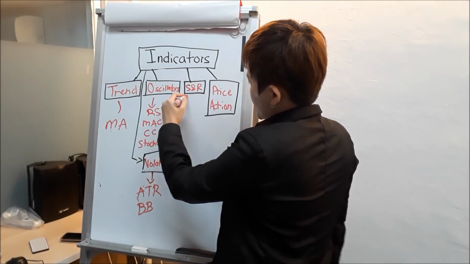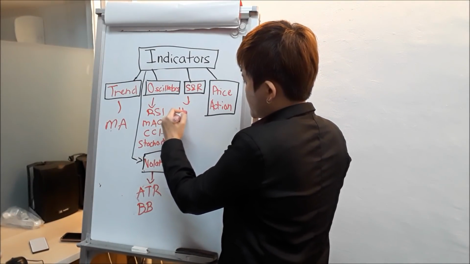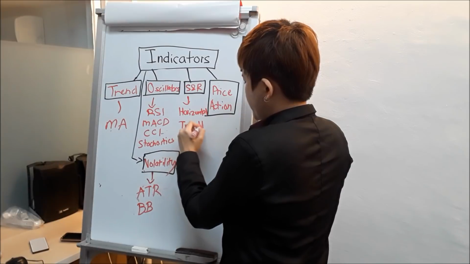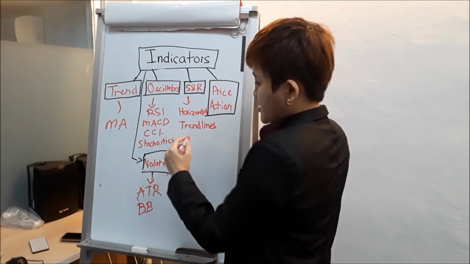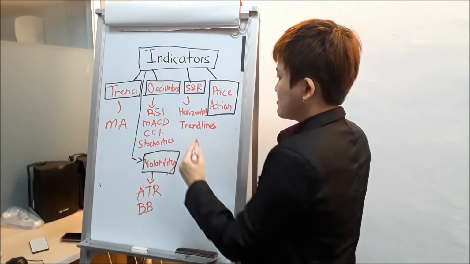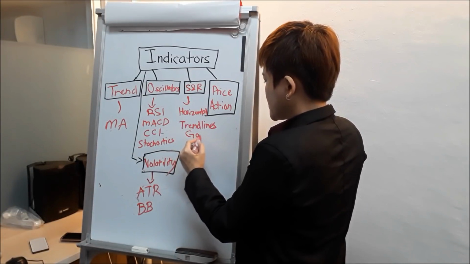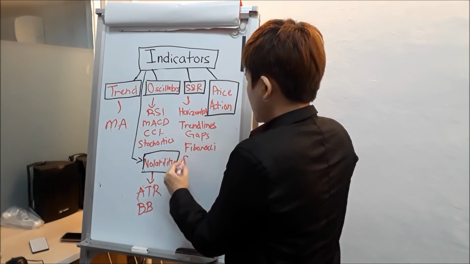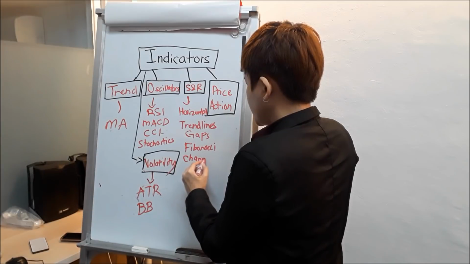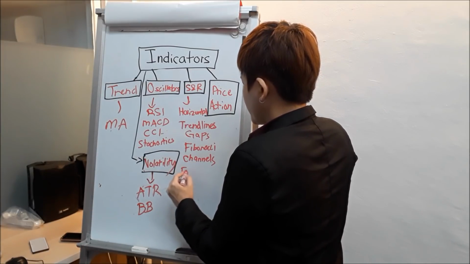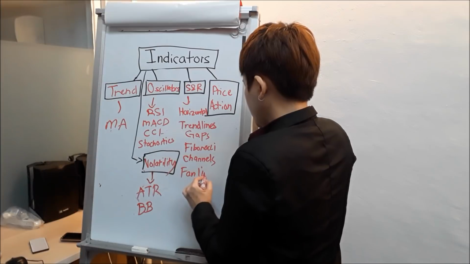Support resistance, you can look at horizontal lines. Trend lines can also act as support resistance. Your gaps also can act as support resistance. Fibonacci, some people use channels, some people also use fan lines.